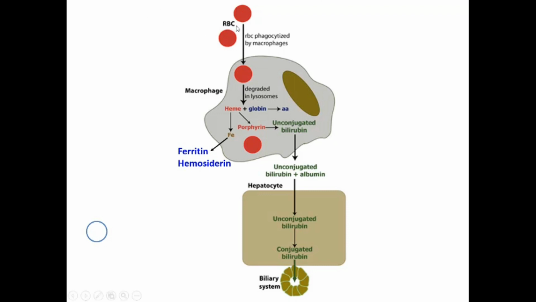But in this cell, we don't have any organelle to produce new ones. After the 120 day lifespan of the RBC, we have a defective membrane because of damaged proteins on the cell membrane. The cell swells up, and some of the proteins on the cell membrane are damaged.